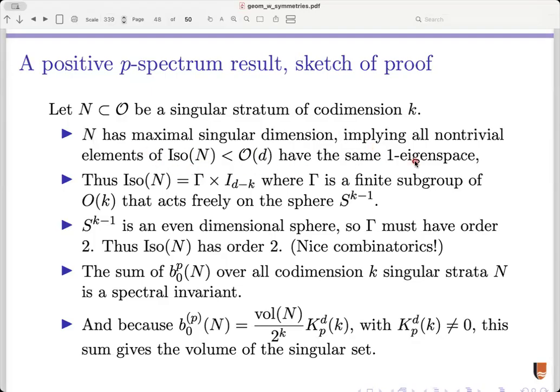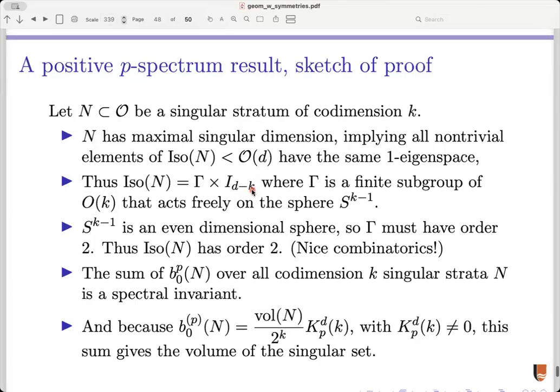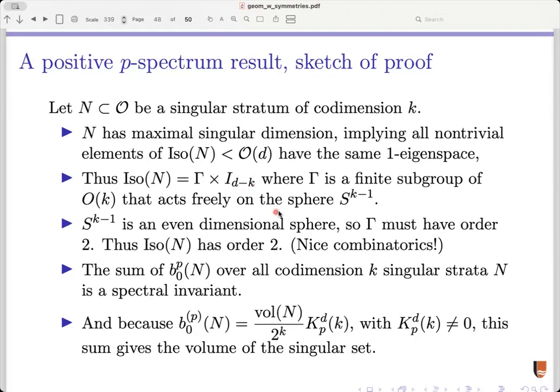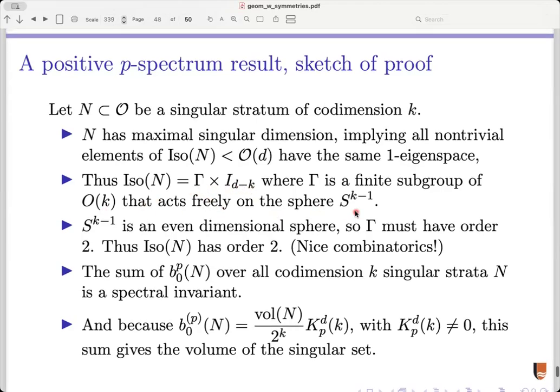Again, if they had different 1-eigenspaces, we would have a higher dimensional singular set. So this isotropy group of N can be expressed as a product of some group Gamma cross the identity corresponding to the fixed directions that lead to this singular stratum. And then here Gamma is a finite subgroup of the orthogonal group in dimension k. That's what's left over after we take away d minus k. And it has to act freely on the k minus 1 sphere.